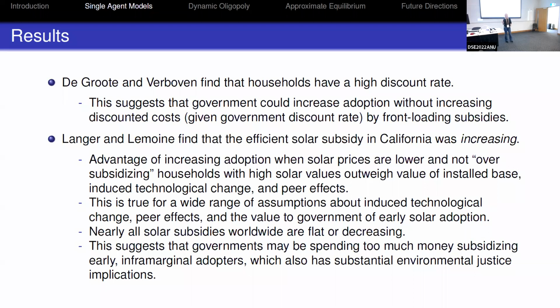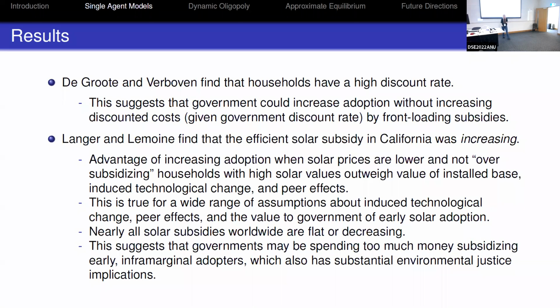They argue that households in Flanders can get loans at about 5% or something, and that's their argument for why this is particularly high. But fundamentally, if you do believe that these are higher than the cost of borrowing for the government, then this gives you a very clear story that you should choose, for the exact same level of policy, the upfront policy instead of the policy that subsidizes production over time.